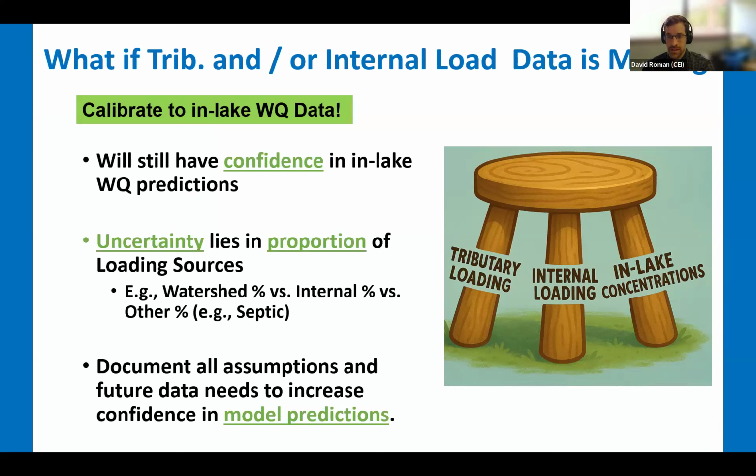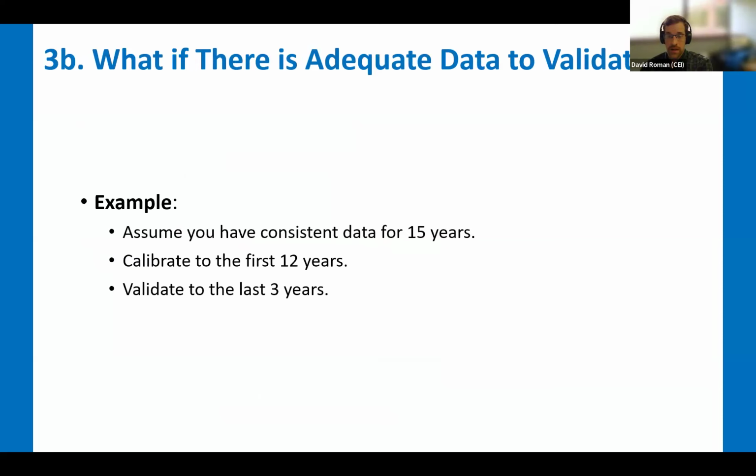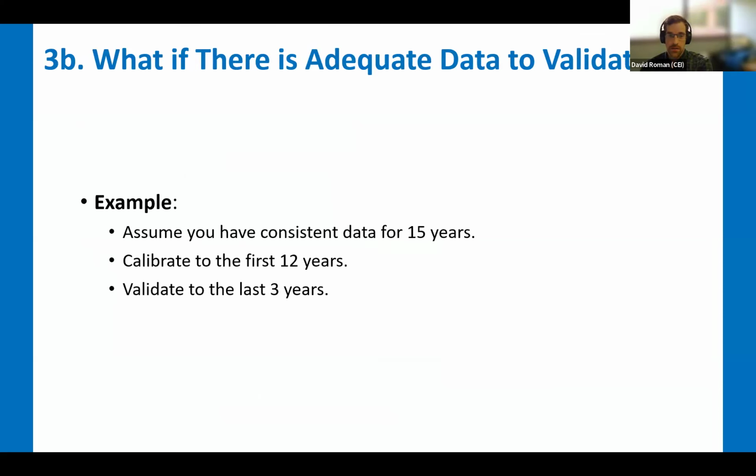So in general, sometimes when you do a model, you have to document all your assumptions and talk about future data needs, if you want to increase the confidence in those model estimates. If there is adequate data to validate your model, it's always recommended. So like one example is, let's say that we have really good water quality monitoring data for 15 years.